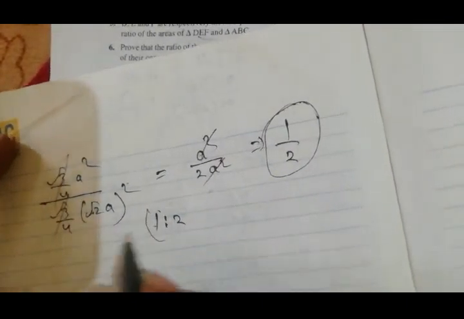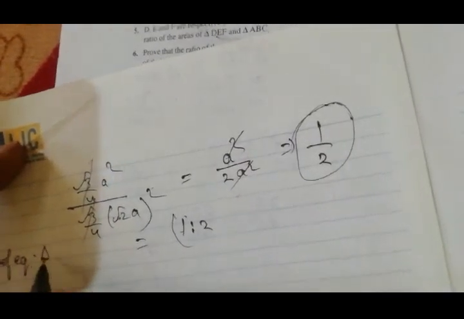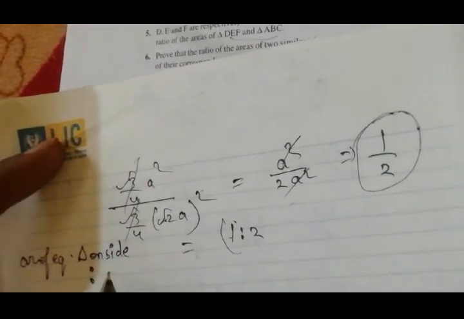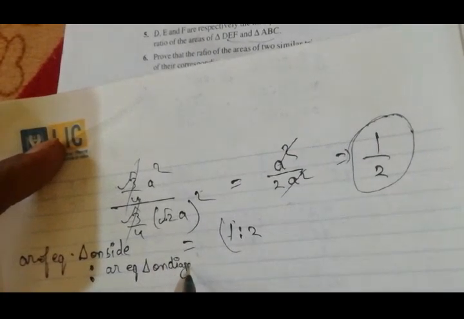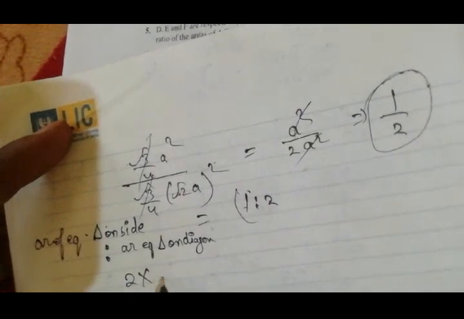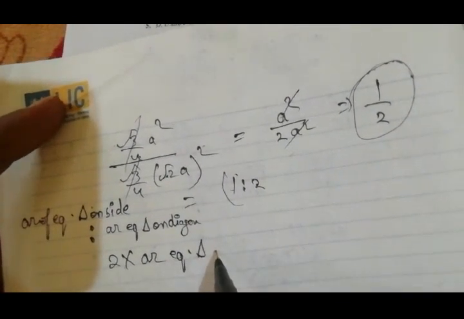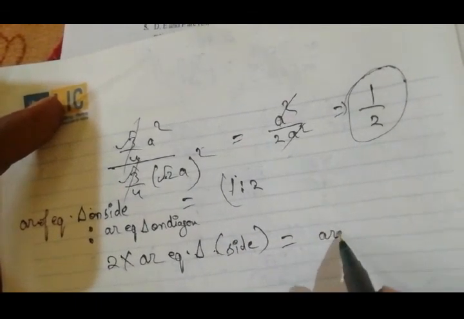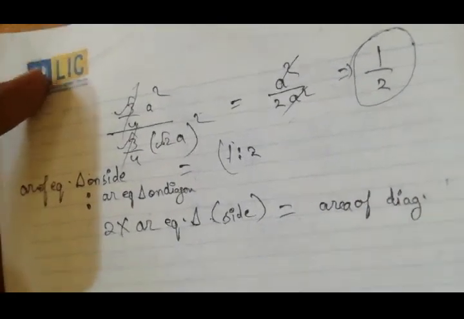This shows that 1:2 is equal to the area of the equilateral triangle on the side to the area of the equilateral triangle on the diagonal. So 2 times the area of the equilateral triangle drawn on a side is equal to the area of the one on the diagonal.